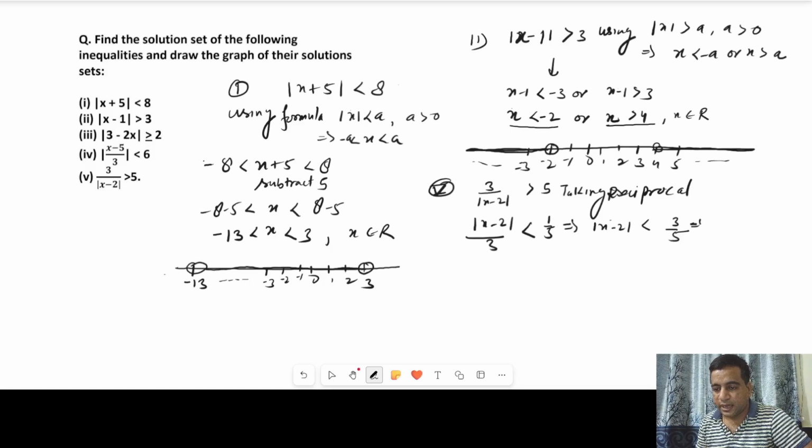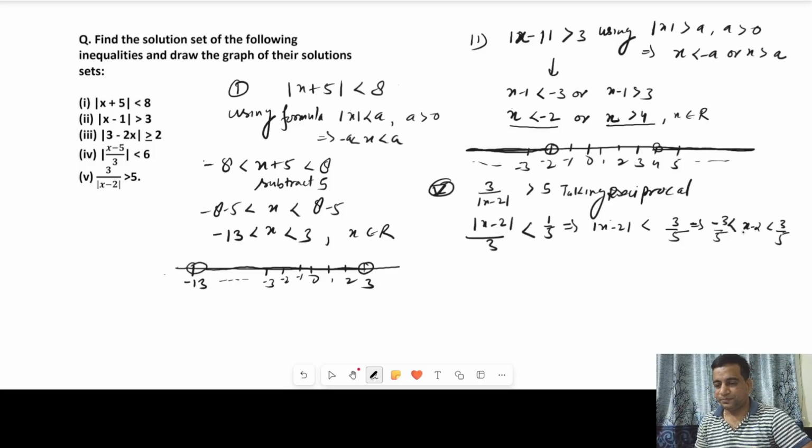So it implies that x minus 2 lies between minus a to a, right? So x minus 2 should be eliminated by adding 2 in the inequality. Because 2 is positive, the inequality remains unchanged. If you have to subtract or add in the inequality, the inequality remains unchanged.